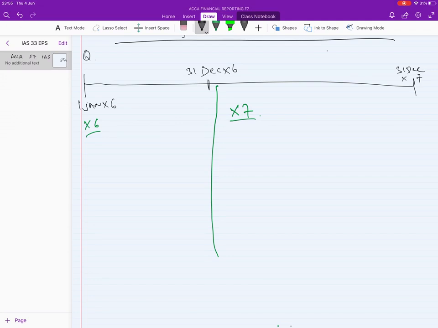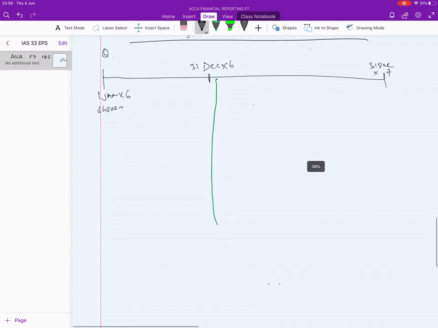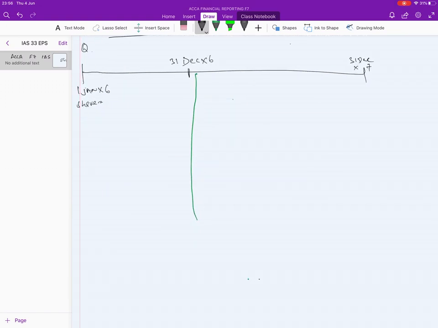Okay, let's see in here. Suppose the number of shares here is 10,000, and here as well 10,000.